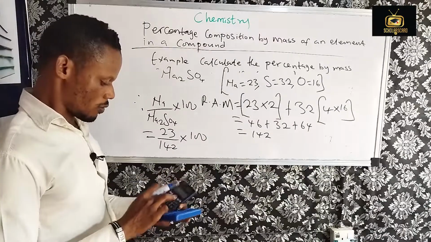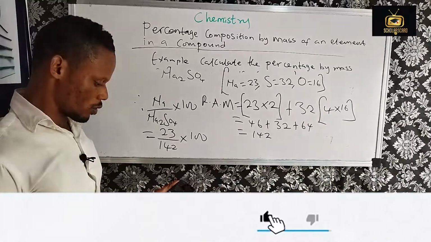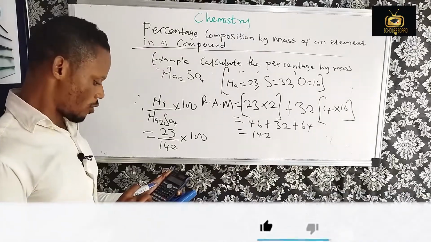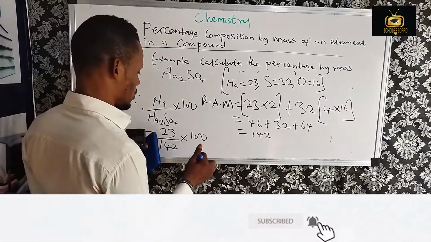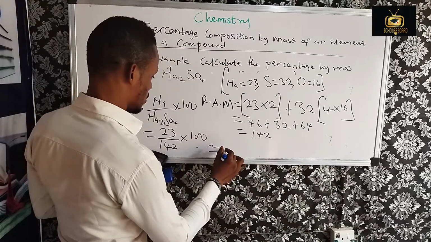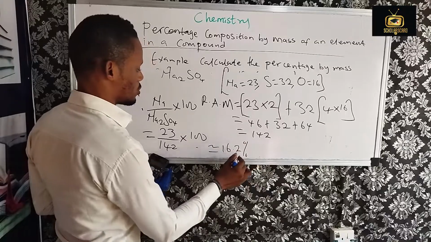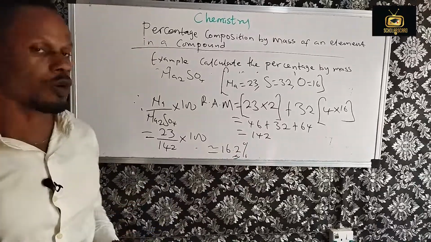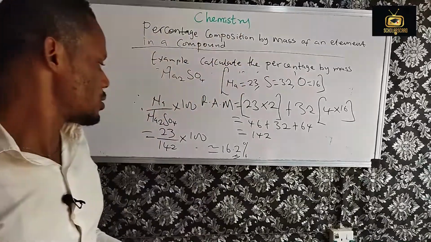So 23 multiplied by 100, divided by 142, will give us approximately 16.2%. So this is how we calculate percentage composition by mass of an element in a compound.